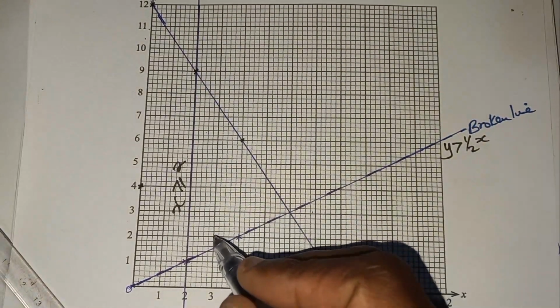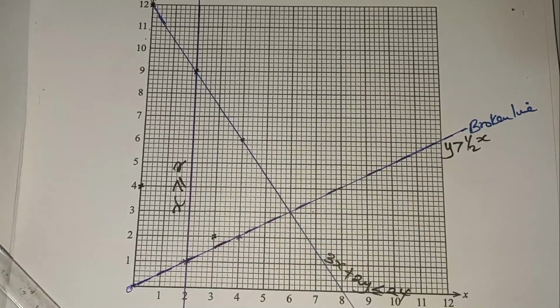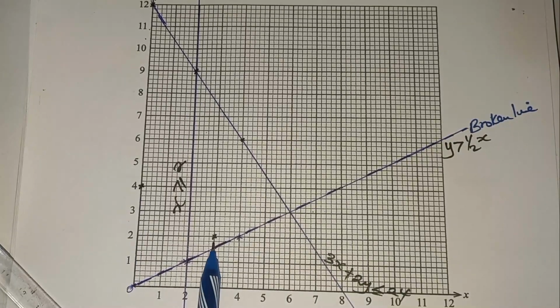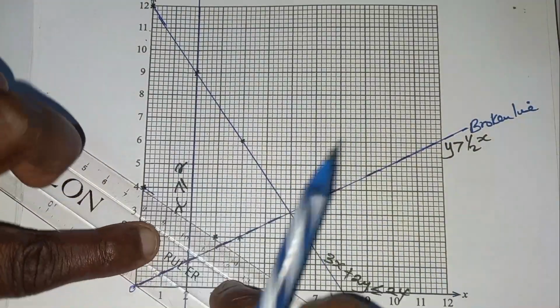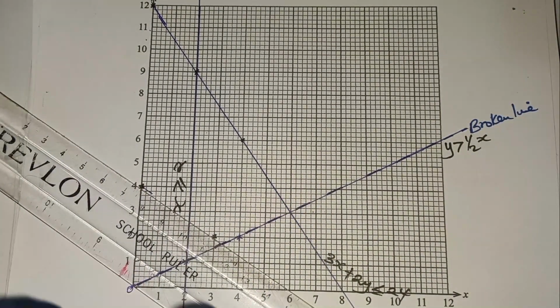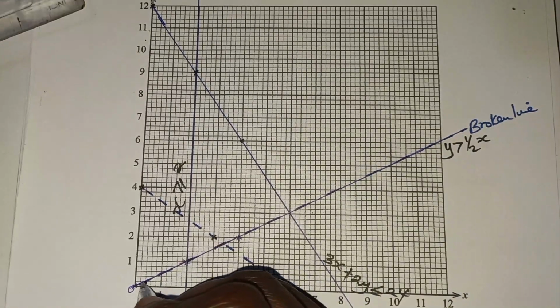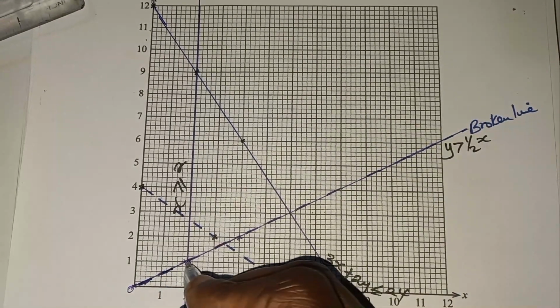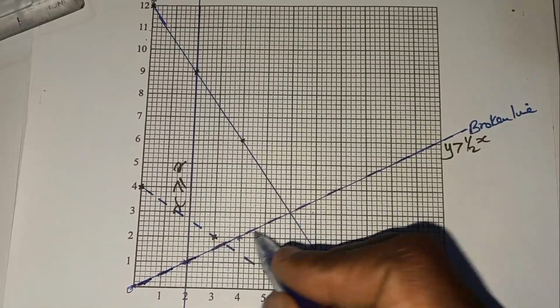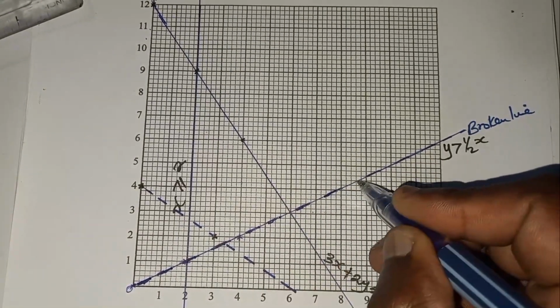For that one, you use those two points only, 0, 4 and 3, 2. That line should be broken. Before I forget, it should be a broken line. And don't forget, this one is broken also.